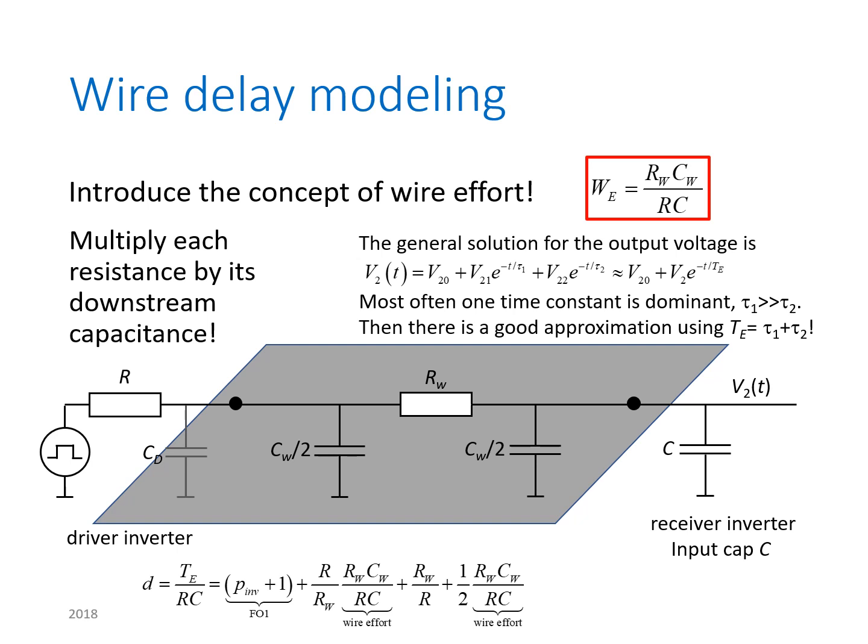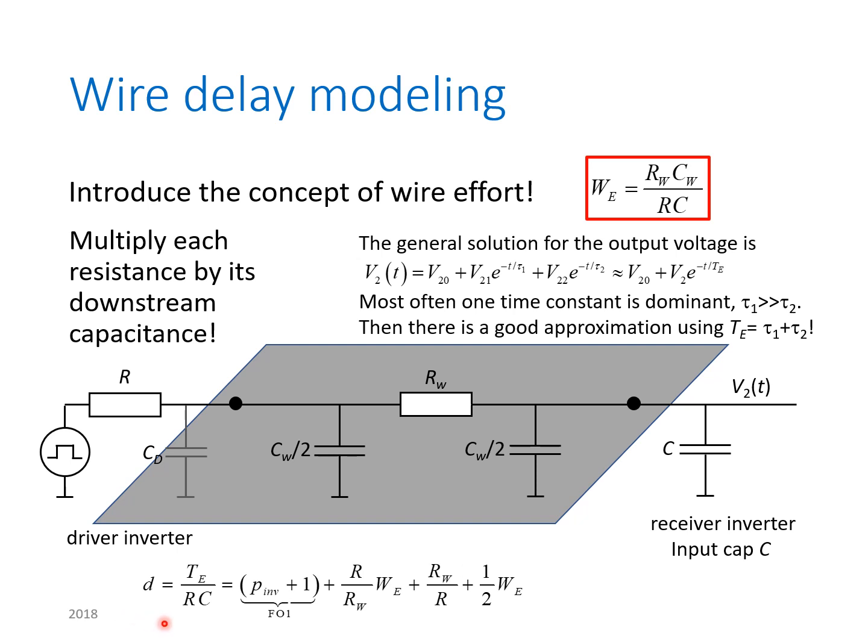Now the wire effort is the ratio between the wire RC product and the inverter RC product. And then we can rewrite the normalized delay. We have the FO1 delay and we have the wire effort appearing twice in this expression.